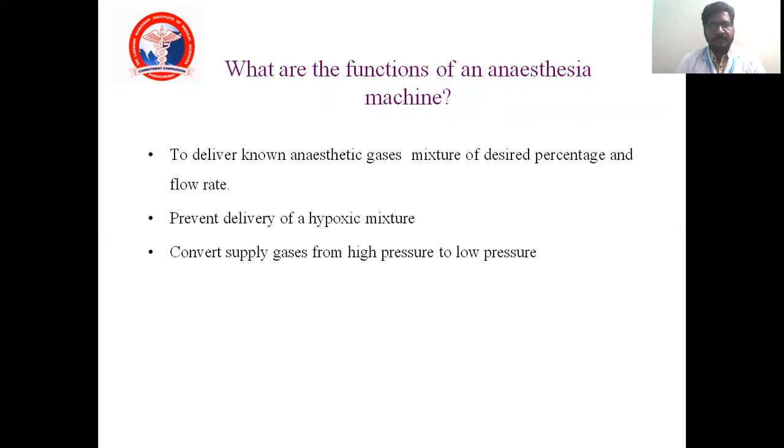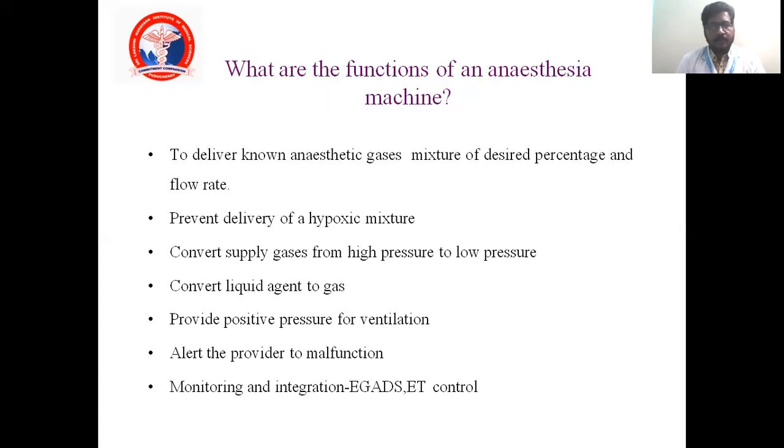Then to convert the supply gases from high pressure to low pressure, which we will be discussing in the later slides. And then to convert liquid agents to gases with the help of vaporizers, to provide positive pressure ventilation, to alert the provider to malfunction, and finally, monitoring and integration.